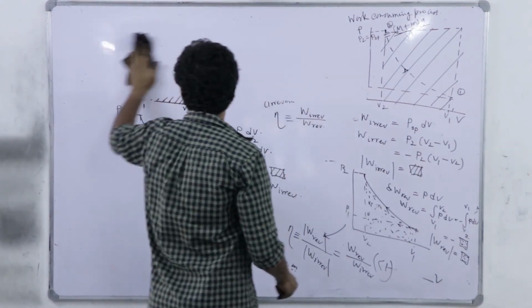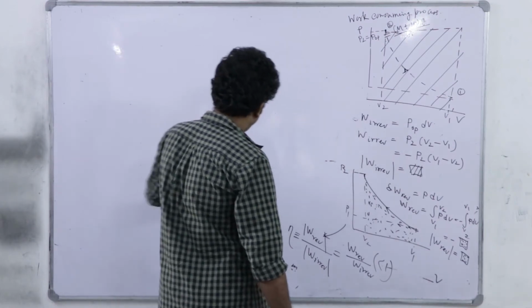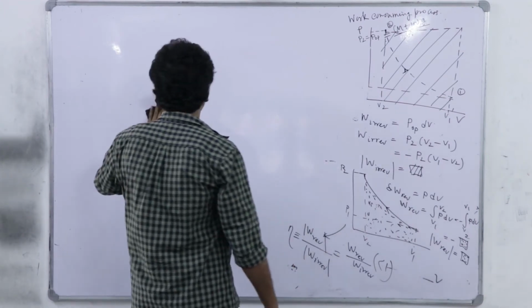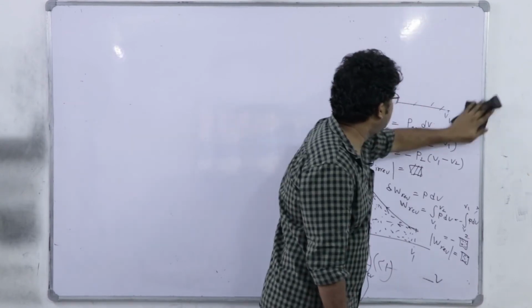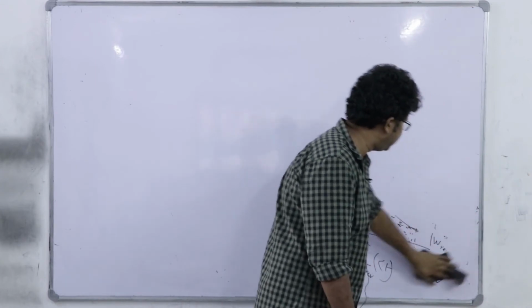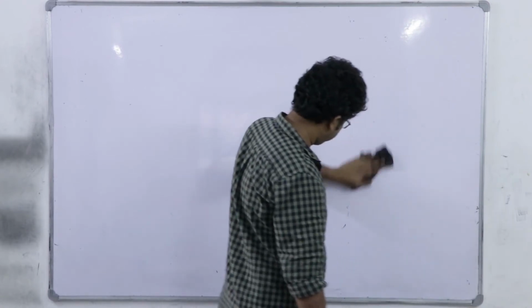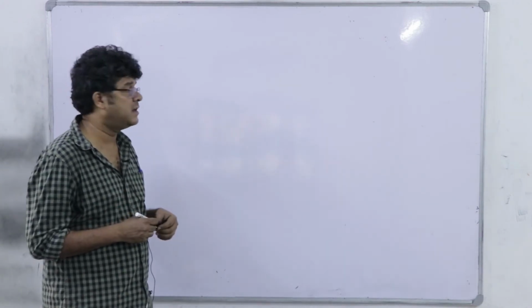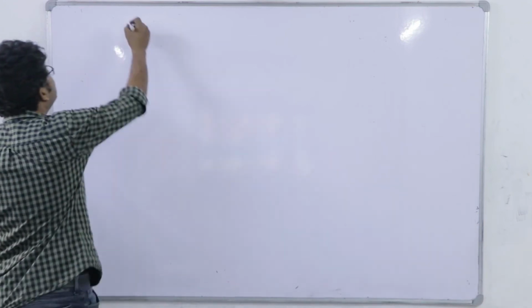So to calculate the work, primarily, if we don't know, we will calculate the reversible work between the given change of state, and next by knowing the irreversible efficiency we can calculate the irreversible work being produced by the system, or being consumed by the system if it is a work consuming state.